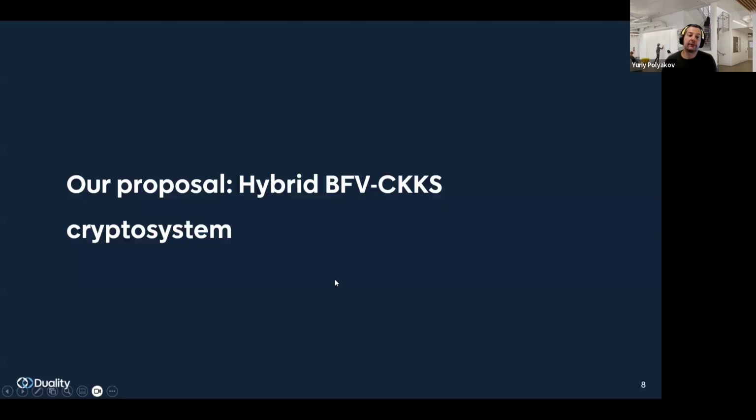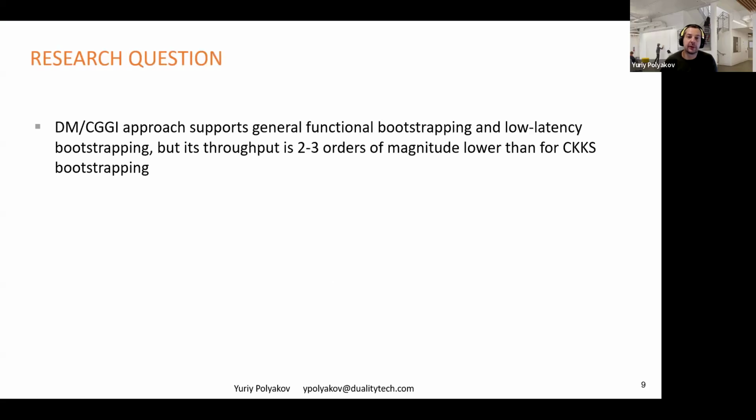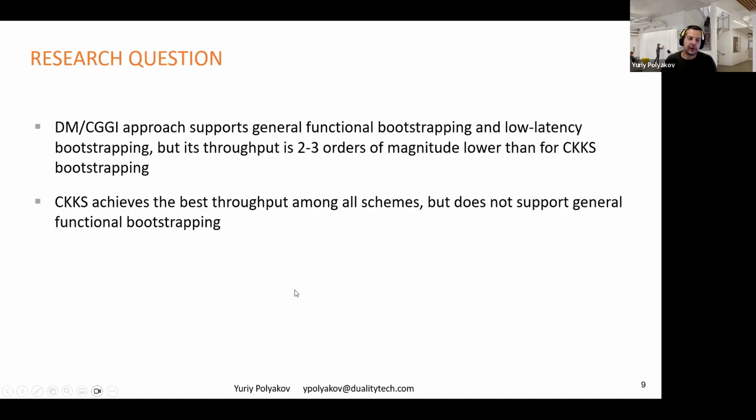And the research question that we were trying to answer is, okay, so we have this TFHE family of schemes that support general functional bootstrapping and general circuit evaluation. These schemes have low latency, but the throughput is 2 or 3 orders of magnitude lower than, let's say, the throughput for the CKKS bootstrapping.